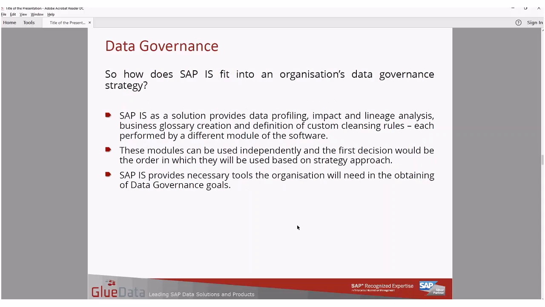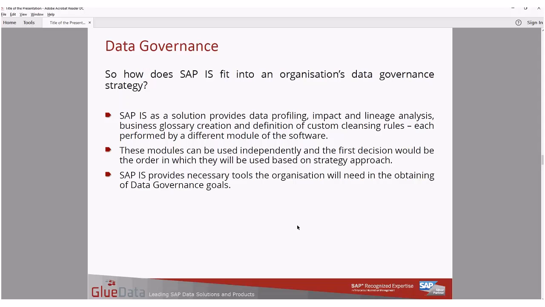Okay, I've spoken a bit about how Information Steward fits into this data governance strategy. It provides the functionality, and we'll touch on that now, to implement some solutions and tools to manage governance. Those modules can be used independently or in combination, and the decision is basically what order do I apply this.